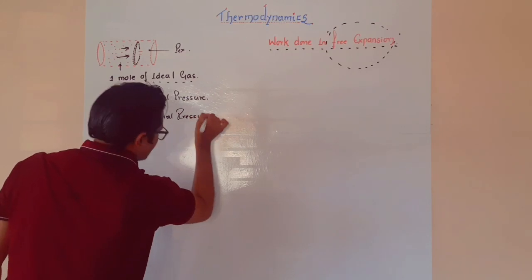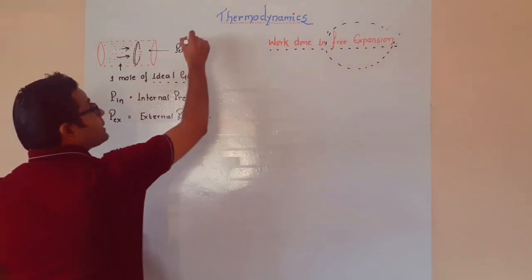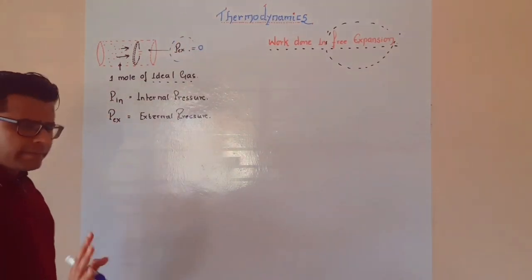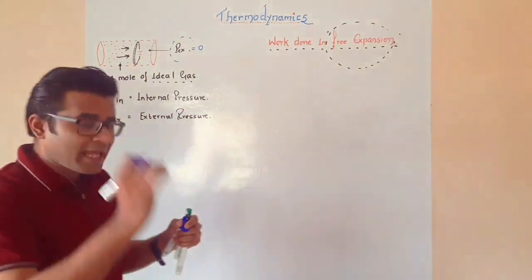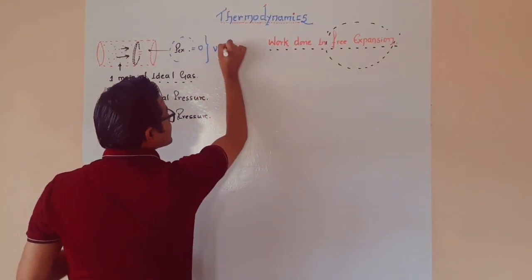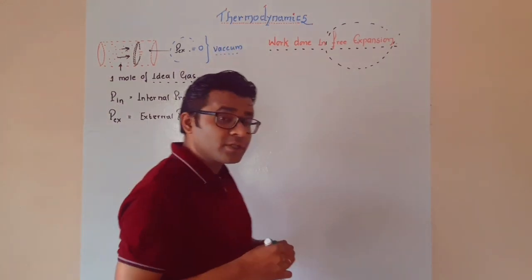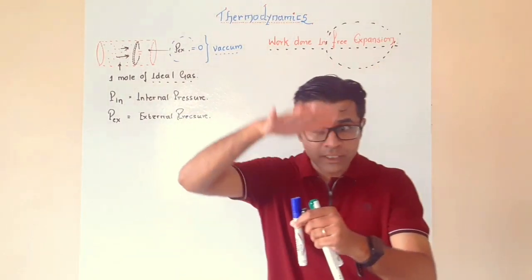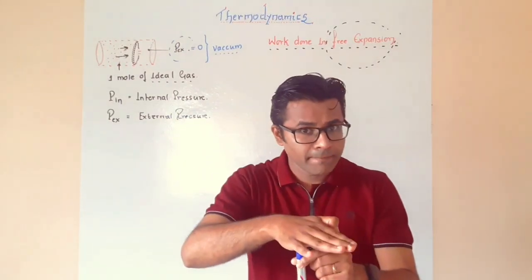Now, for a moment, let us say that the external pressure is equal to 0. That means there is no external pressure acting on the piston. This happens only when we take off all the air and we subject this particular system to a vacuum. So a vacuum condition is created outside the system. That means there is no pressure on the outside wall of this particular piston.